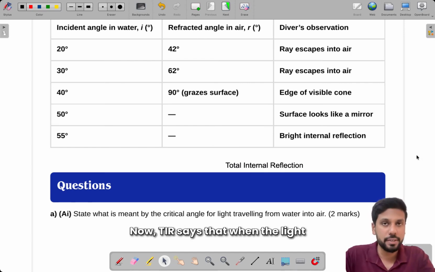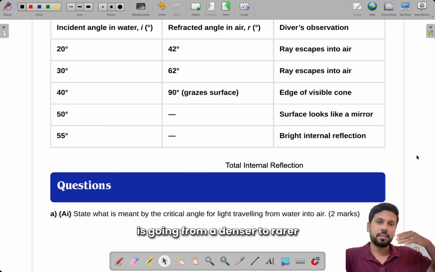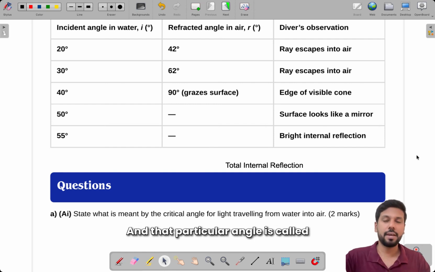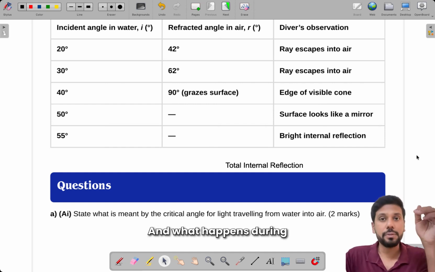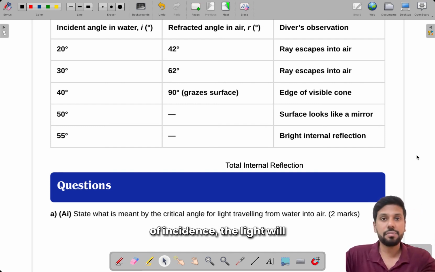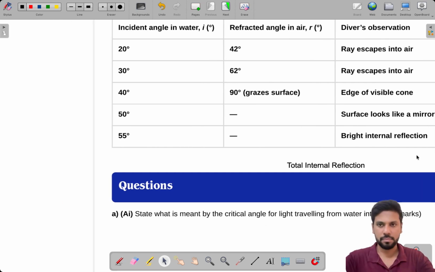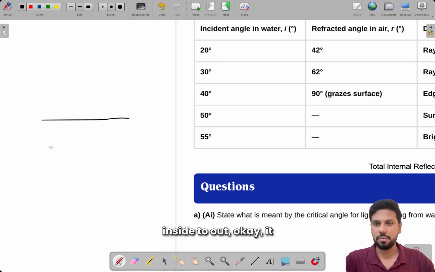Now TIR says that when light is going from a denser to a rarer medium, above a particular angle it will not escape the medium, and that particular angle is called the critical angle. And what happens at the critical angle? At the critical angle of incidence, the light will graze the surface when going from inside to out.